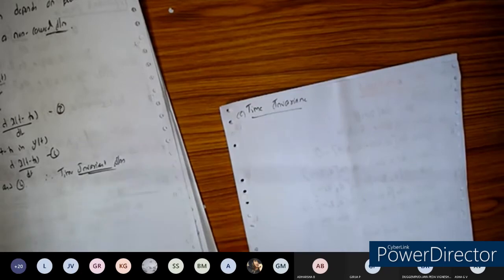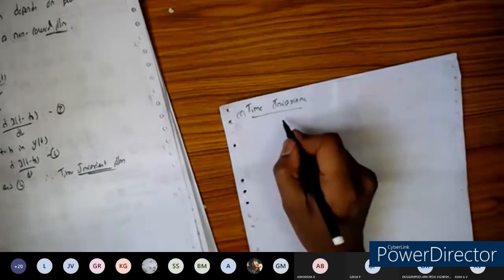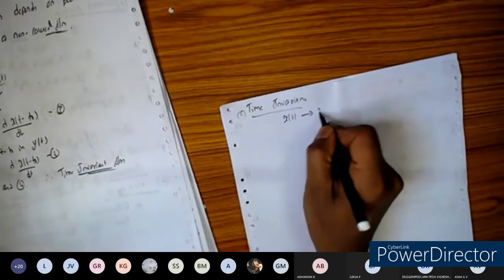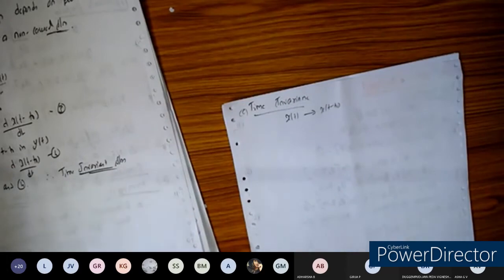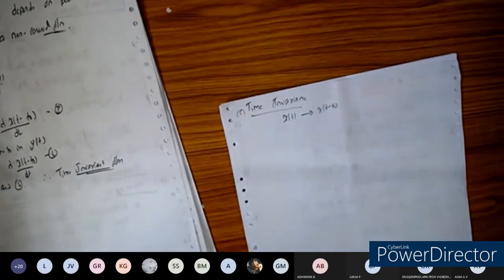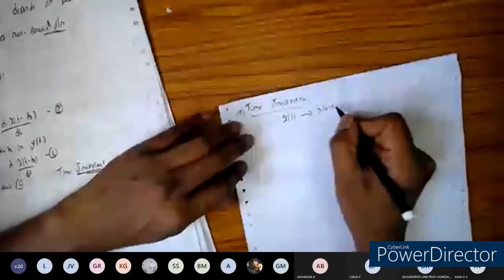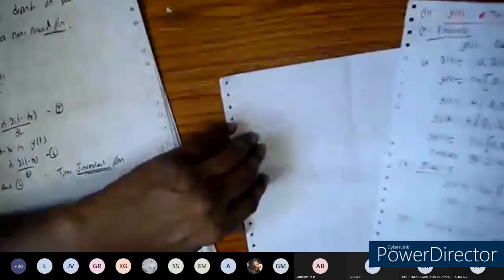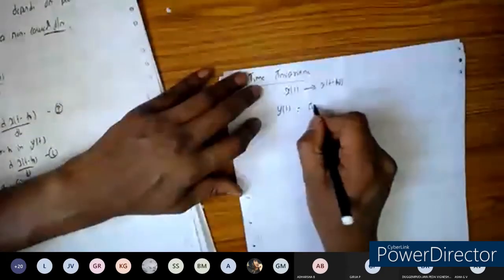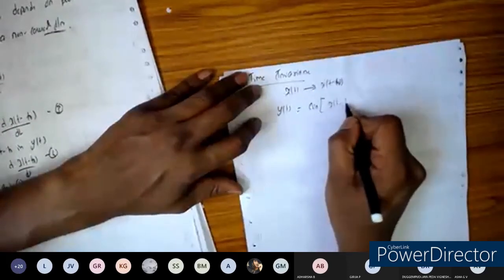To check time invariance, we should replace x of t by x of t minus t naught here. So y of t has become cos of x of t minus t naught.